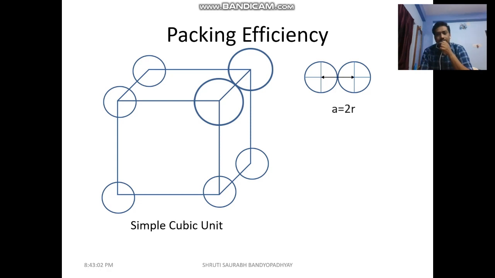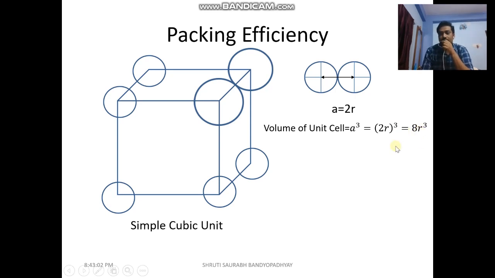So in this case a is equal to 2r, and we can also calculate the volume of the unit cell in terms of the radius of one particle r. a cube is equal to (2r) cube, 2r to the power 3, that is 8r cube. So the volume of one unit cell in terms of the radius of the spherical particle is 8r cube.